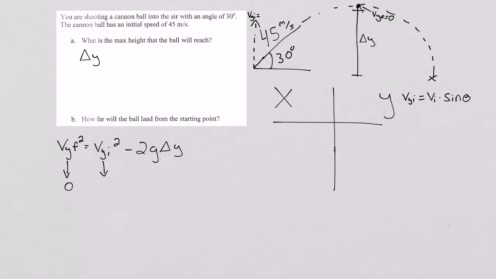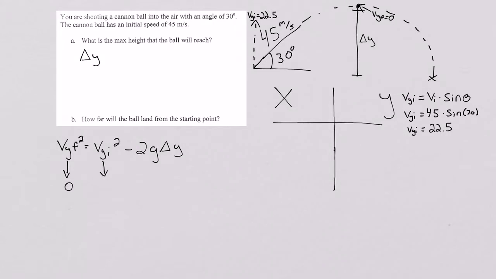So let's solve for it. Velocity y initial equals our velocity initial, which is given, multiplied by sine of theta. In this case, theta is 30. You multiply those out, and you end up with velocity y initial equal to 22.5 meters per second.